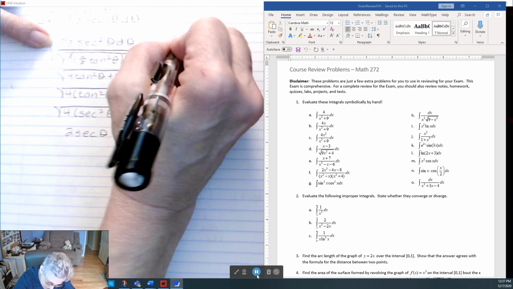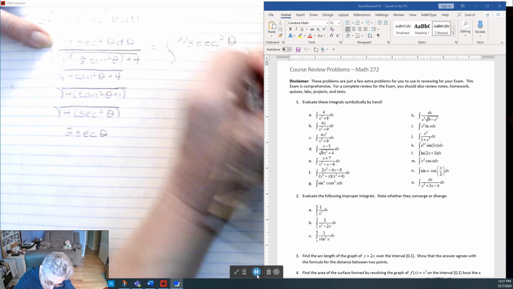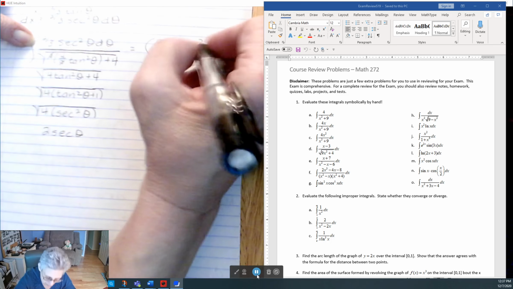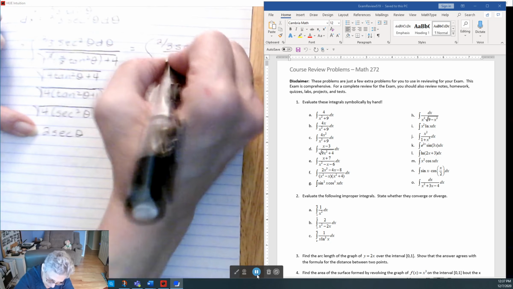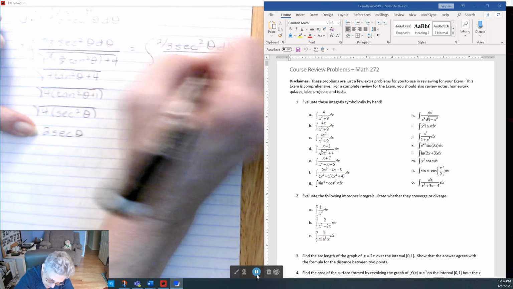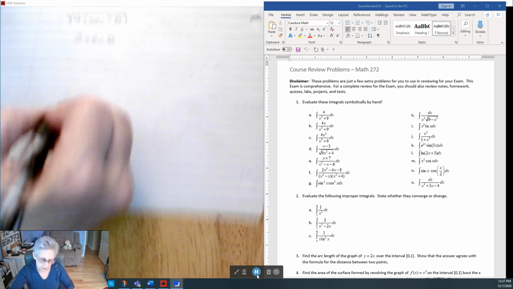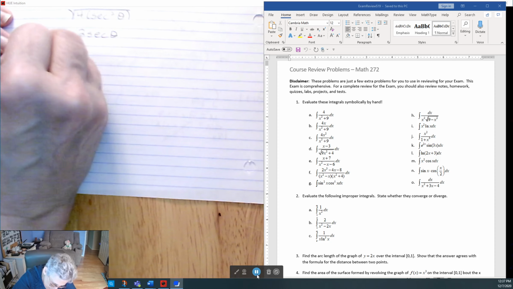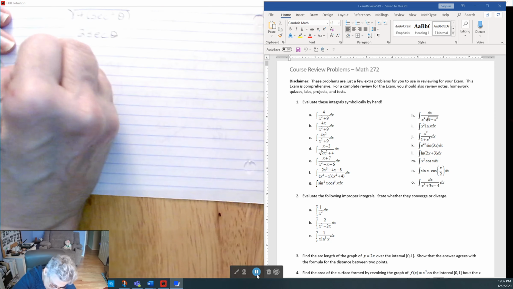So let's see, I still have 2/3 secant squared of theta d theta sitting on top. And down below, I have 2 times the secant of theta. So I'm going to come way down here. Let's see, I have 2/3 divided by 2.